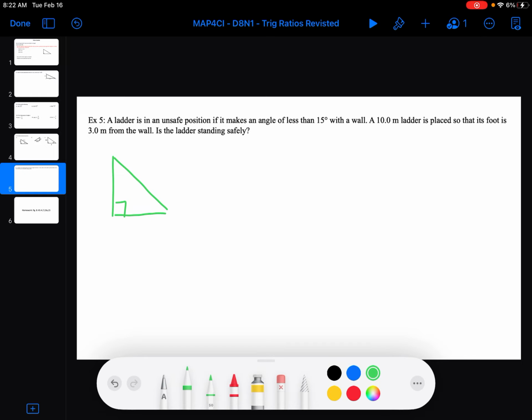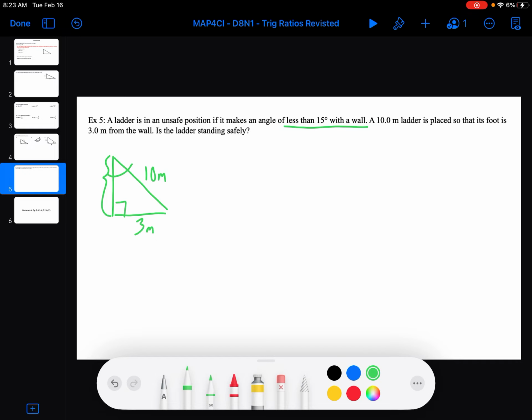So we know it's 3 meters from the wall, and the ladder itself is 10 meters long. Okay, we don't know how far up the wall it goes. We don't know this, but that actually doesn't matter. What we're going to try to find is, oh, sorry, no, it's the angle with the wall. So we want to find this angle.